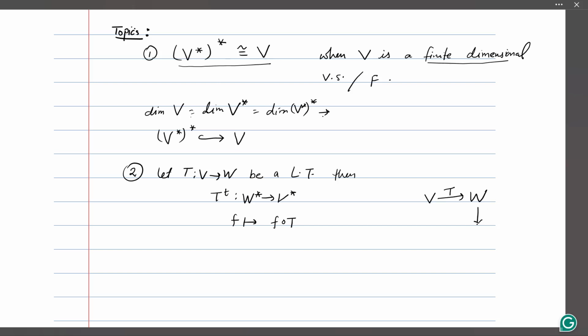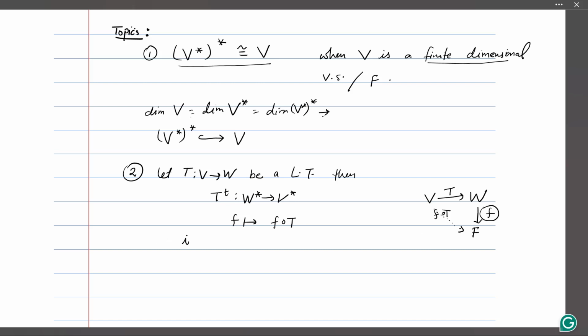Now, if you have something in W star, which is a linear functional on W, it is actually mapped from W to F. Now, what is T transpose? T transpose is sending this f to this map composition, f after T. So this is how it was defined.